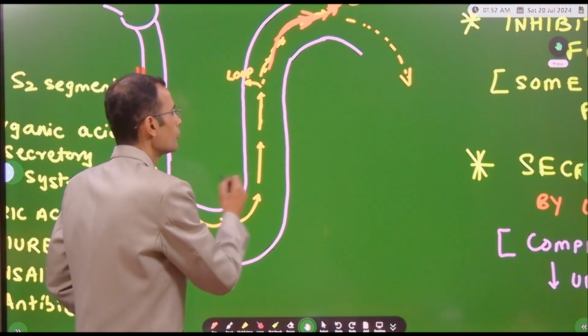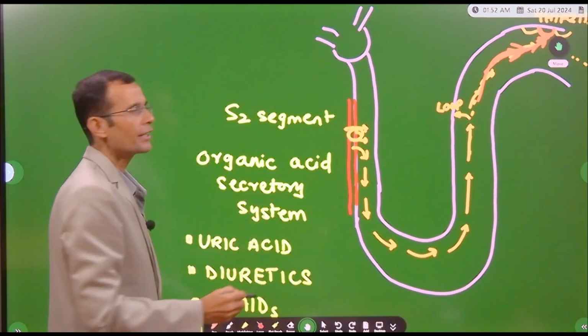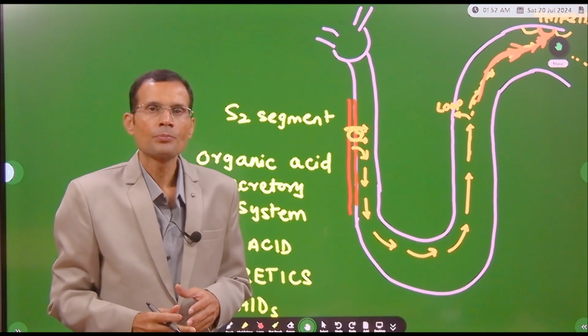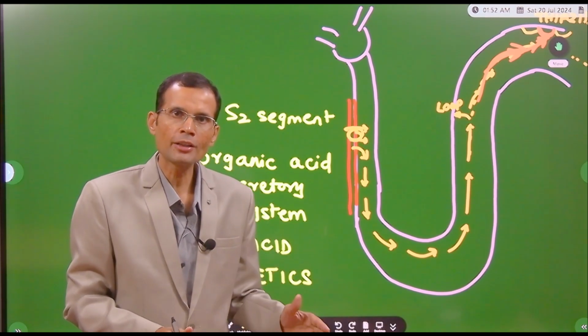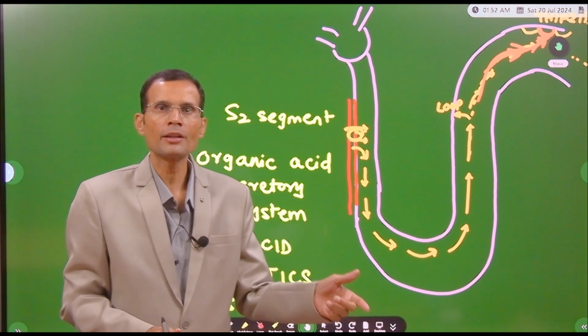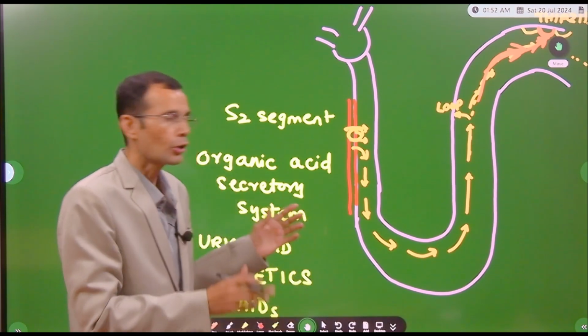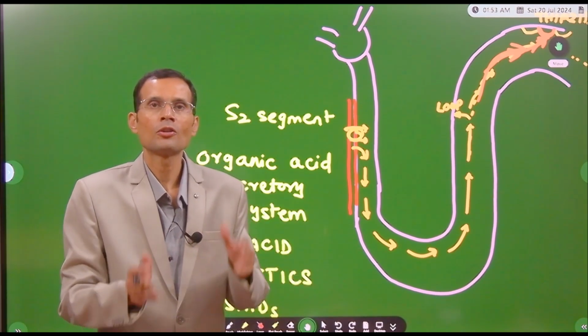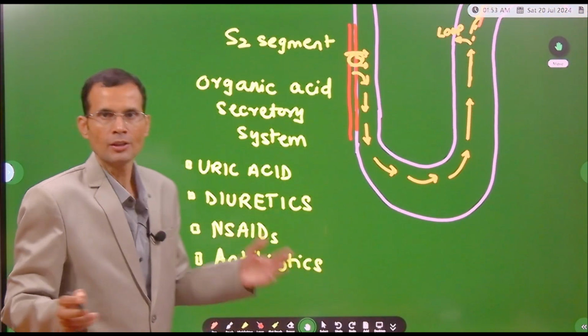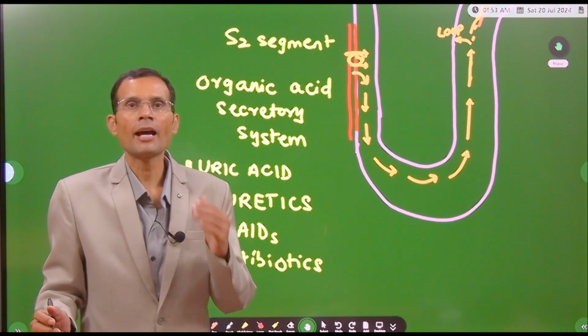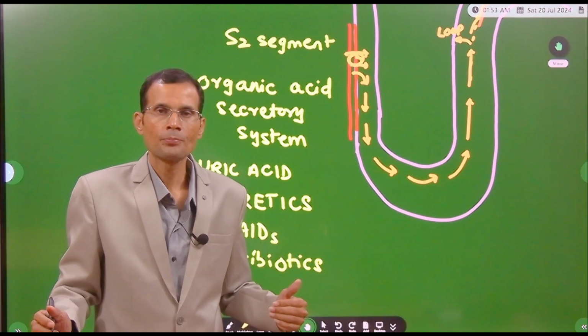Just one more fact to be highlighted here is that if there is a concurrent administration of diuretics, either loop diuretics or thiazide diuretics, along with antibiotics or NSAIDs, then their action will get limited.